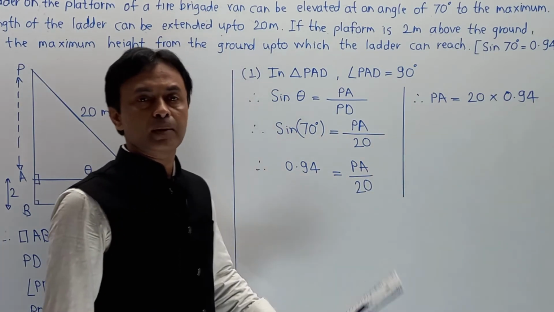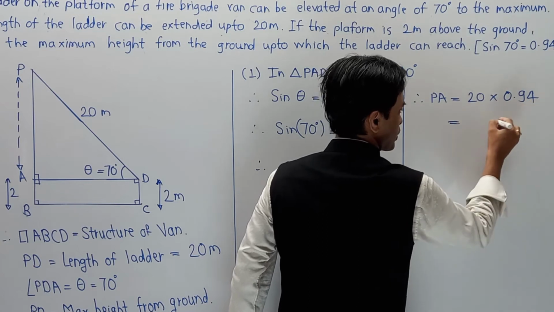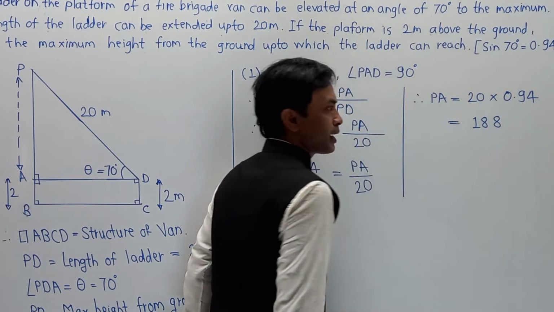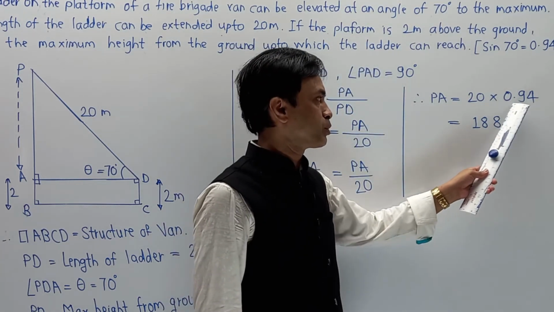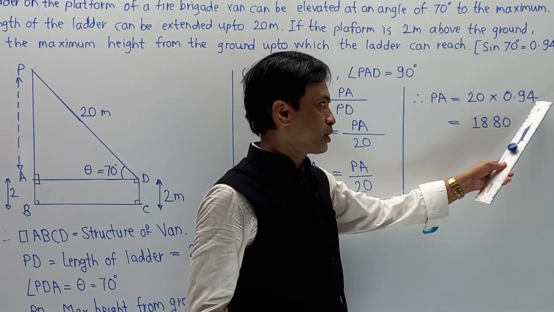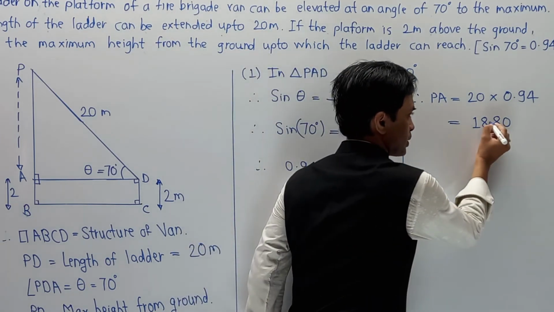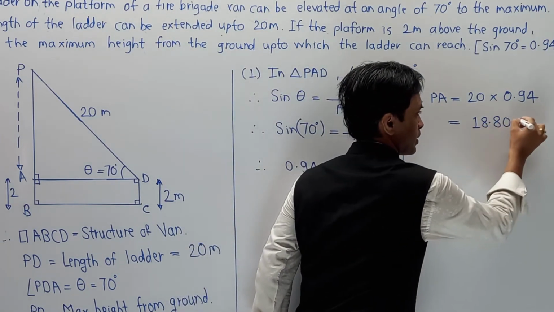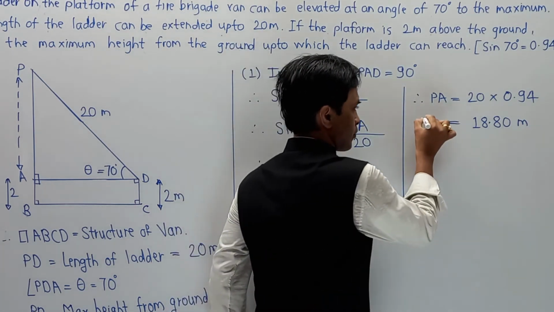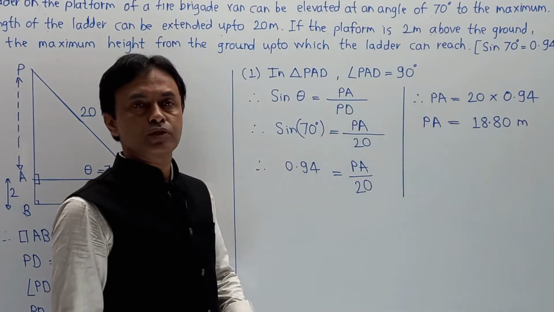Here I am going to do the calculation in front of you: 2 into 4 is 8, 2 into 9 is 18, and that is the first step. Now you have to manage two decimals with one zero, because this zero is over here, and shift 2 decimals, that is 4 and 9, 2 digits. So I'm going to shift it over here and this value becomes in meter. So the value of PA becomes 18.80 meter.